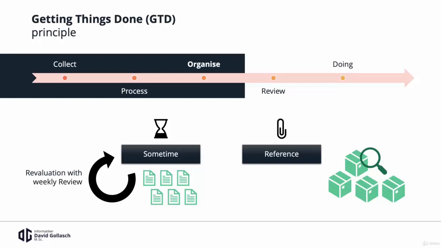It would be a good idea to just remove it from there because you will not take action on this anyway. Or you decide to keep this on your someday list.